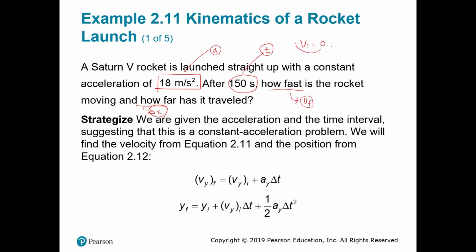So now these are 3 known variables: a, t, v_i. You can find either v final first or delta x first. It really doesn't matter. If you want to use v final first, use equation number 1. V final is v initial, which is 0, plus a, which is 18, times t, which is 150. Then simply 150 times 18 is going to be your v final.